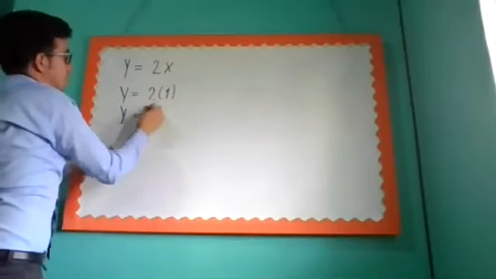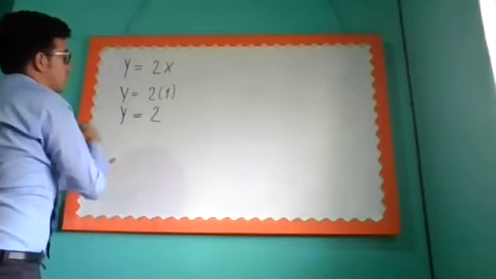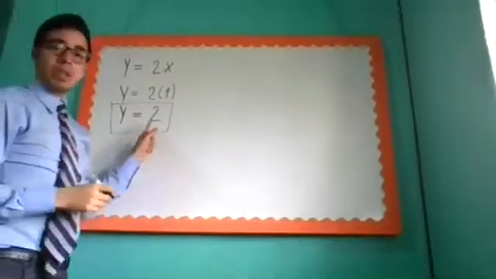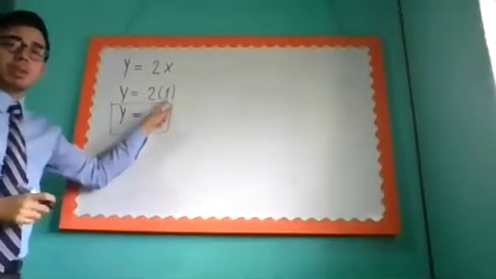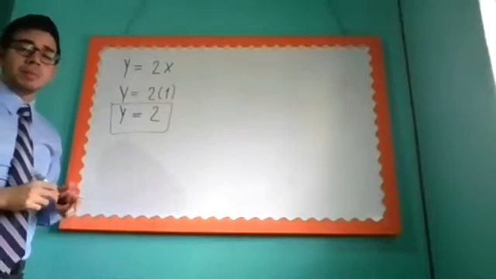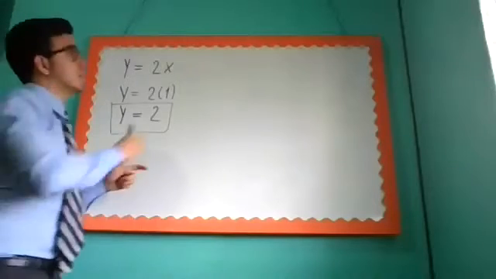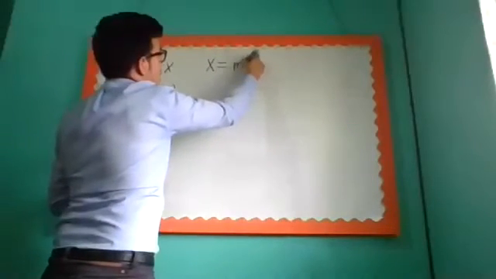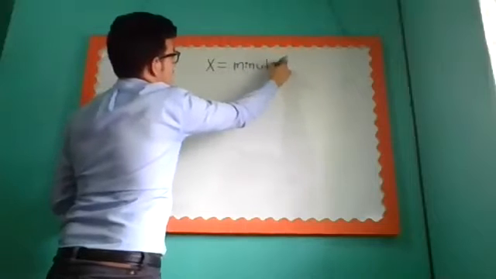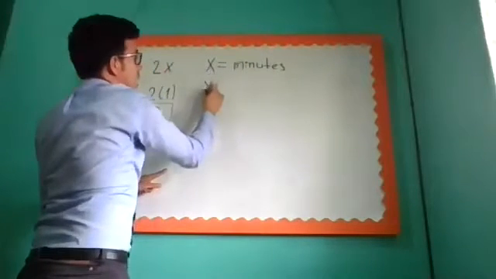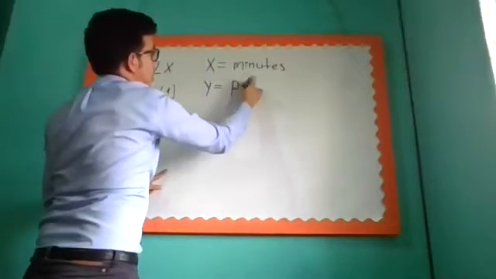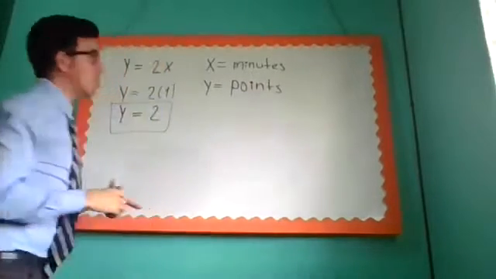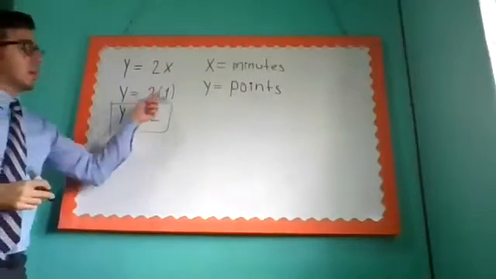Y is equal to 2. So she is going to obtain 2 points in 1 minute. Remember, x is the number of minutes and y is the number of points, so 2 points in 1 minute.